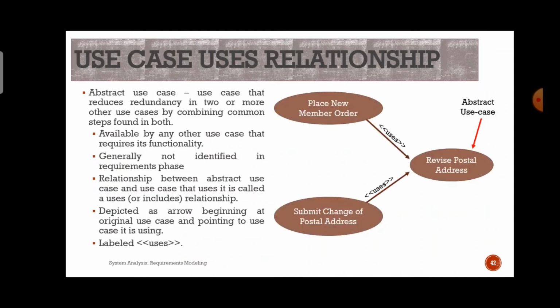So this one: place new member order needs to submit a change of postal address, so the abstract use case is to revise the postal address.